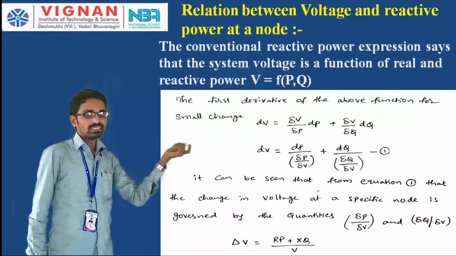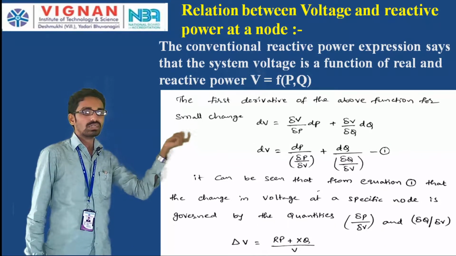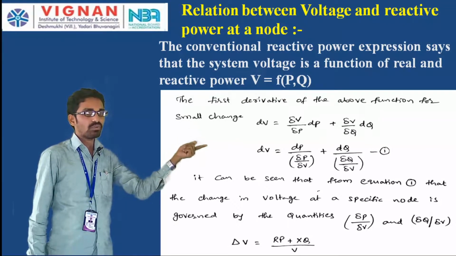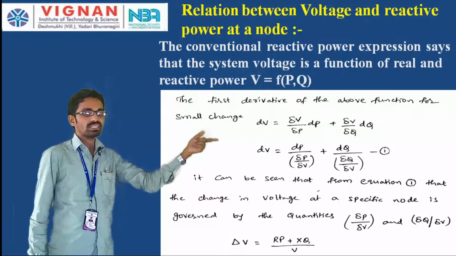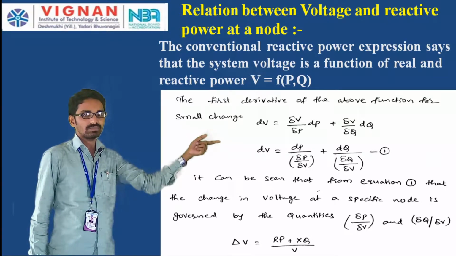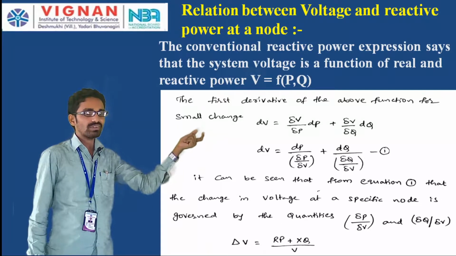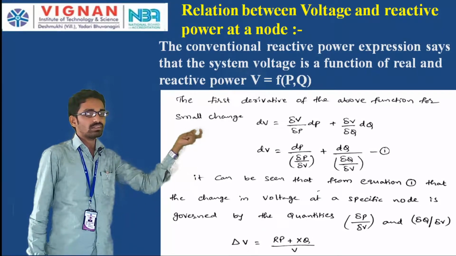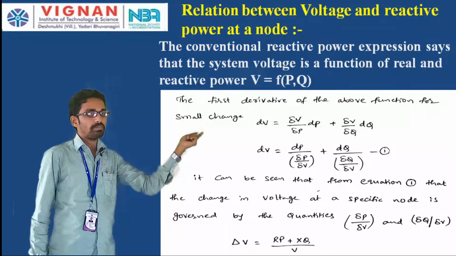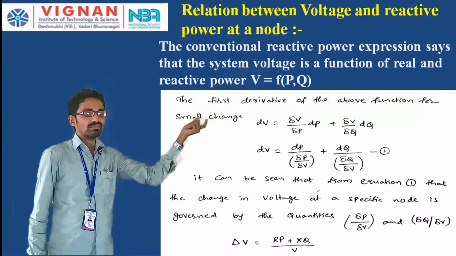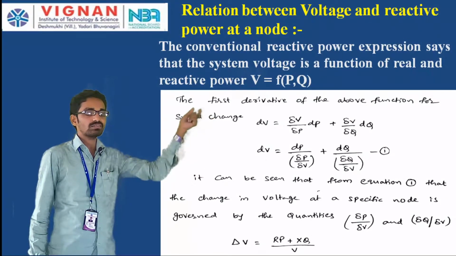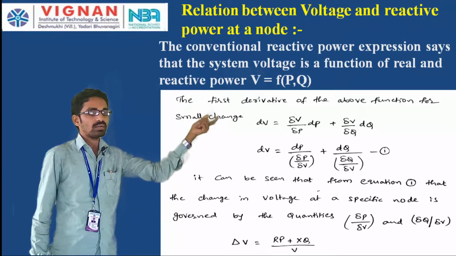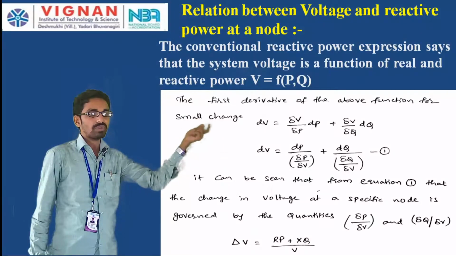Here you are doing partial differentiation, first with respect to the real power, because the function has two parameters, P and Q, and then adding the differentiation with respect to the other parameter, Q.